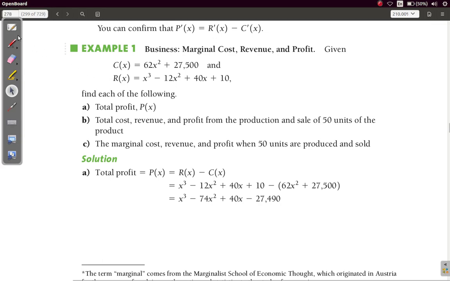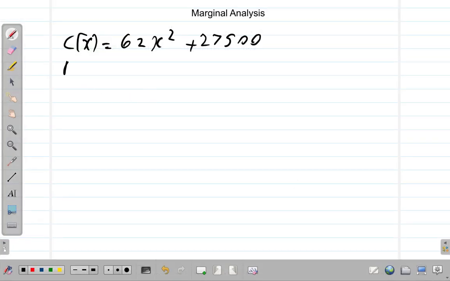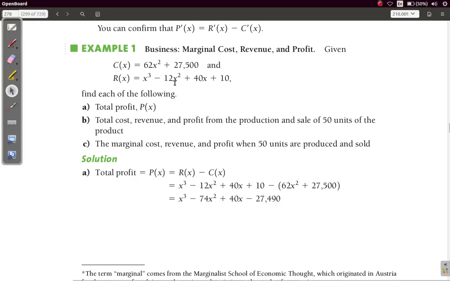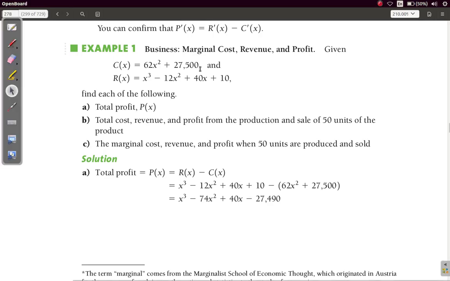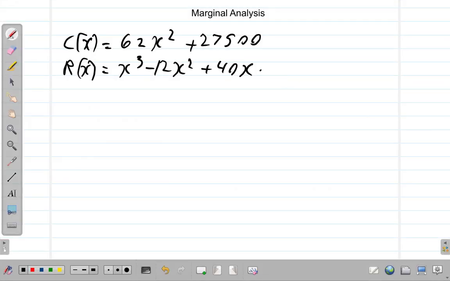R(x) is x cubed, so the revenue from x items is x cubed minus 12x squared plus 40x plus 10. So that's the total cost function and the total revenue function.